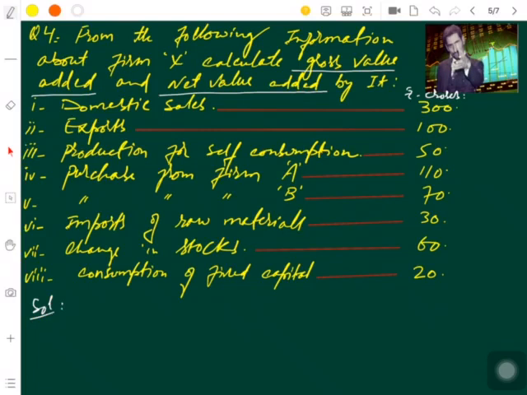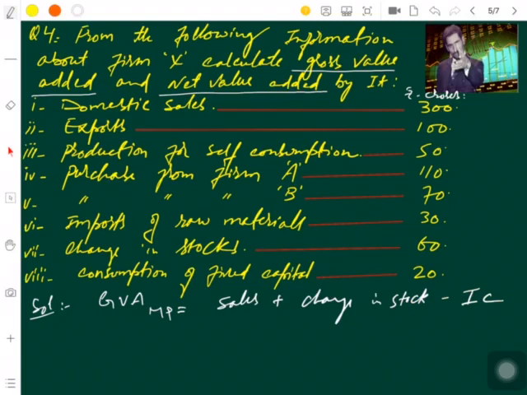This is our solution now. We have to look for gross value added at market price. What is it equal to? Sales plus change in stock minus intermediate consumption. Okay. So dear students, look into the components properly.